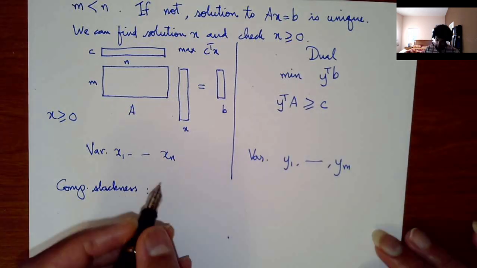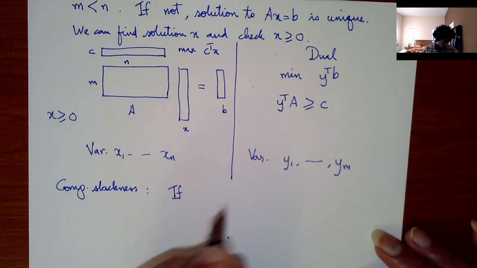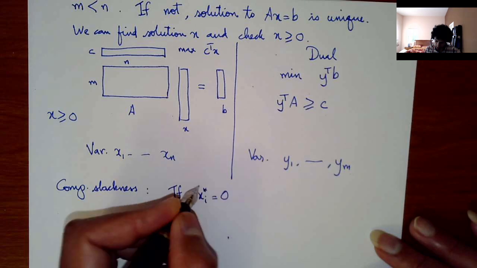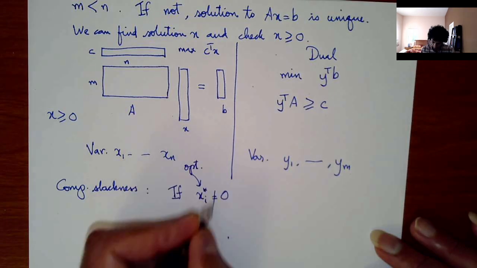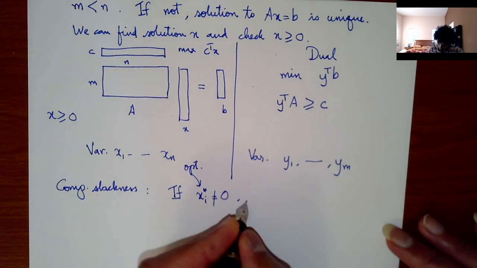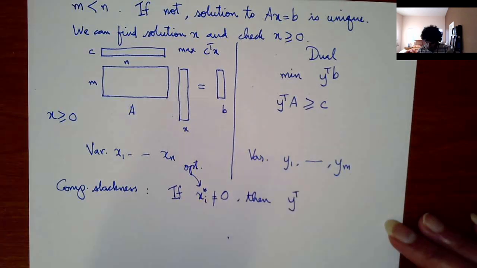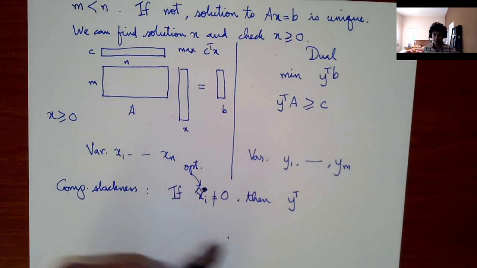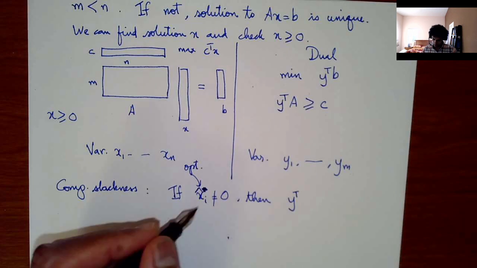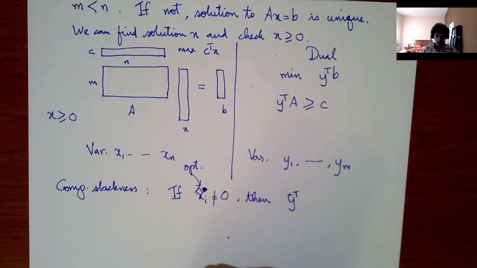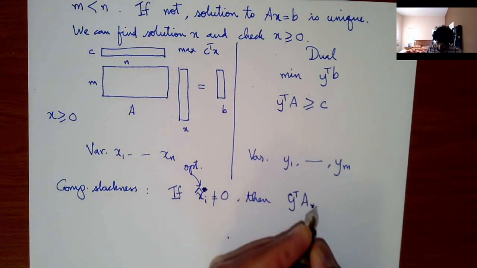So I'll write this out as saying that if x hat i is not equal to 0, so this is some optimal solution, let me put a hat for optimal, then the corresponding constraint holds with equality: y hat transpose A star i is equal to Ci.